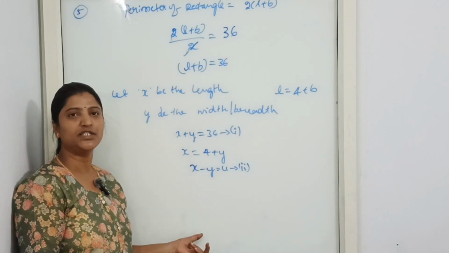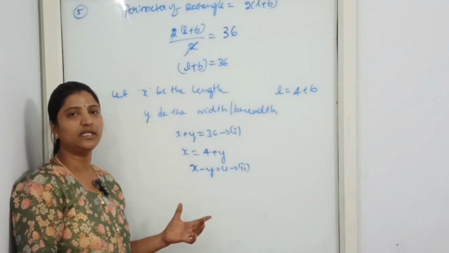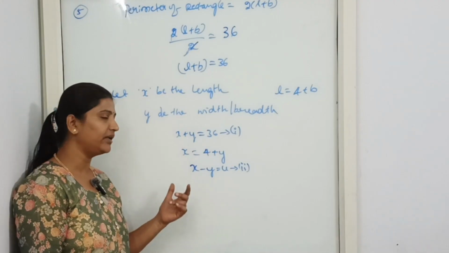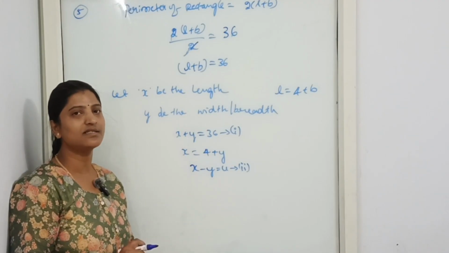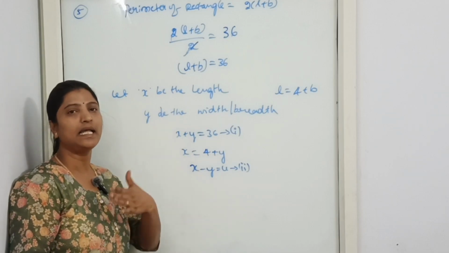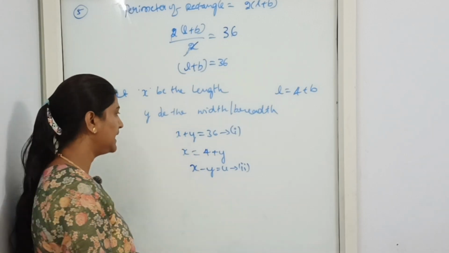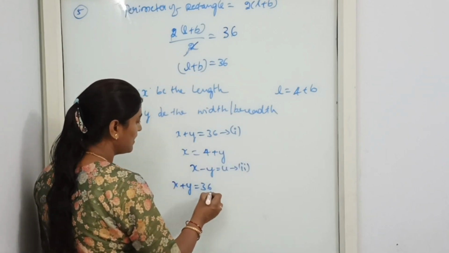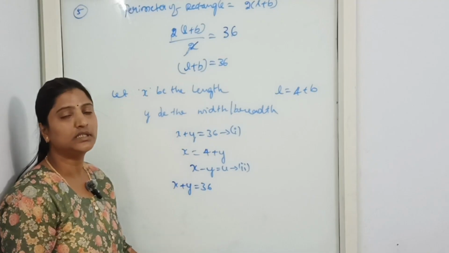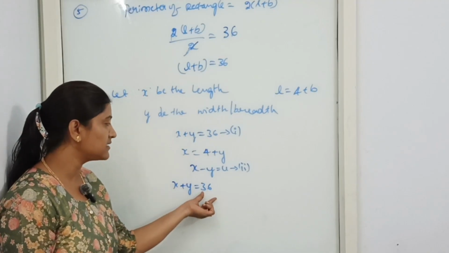Once we got the equations, we need to find out the variable values by putting one variable value to represent it graphically and find out its dimensions, that is length and breadth. Let us take the first one. x plus y is equal to 36. Here 36 is there.